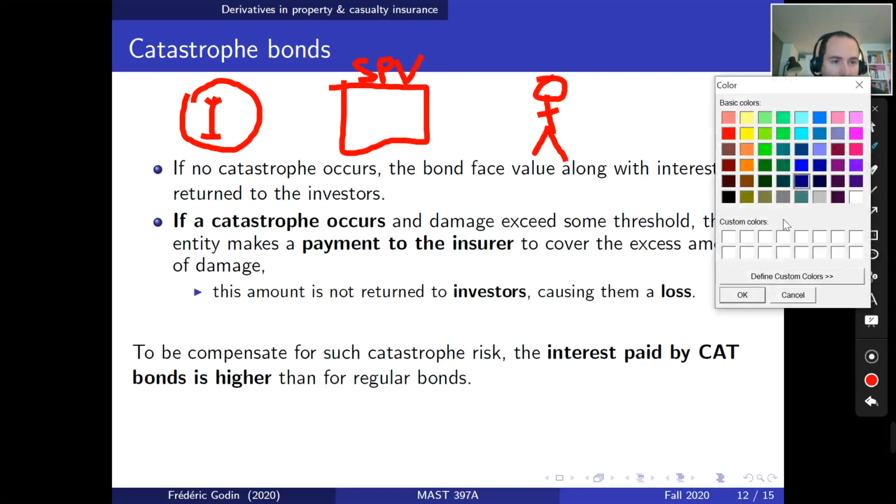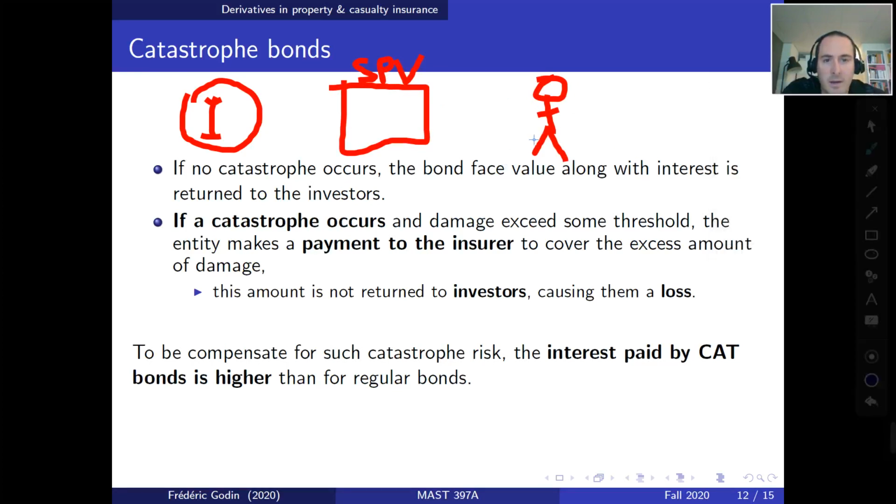Maybe let's take another color. So here the investor initially gives the capital and receives the interest payments from the SPV, but where the interest payments were provided by the insurer.